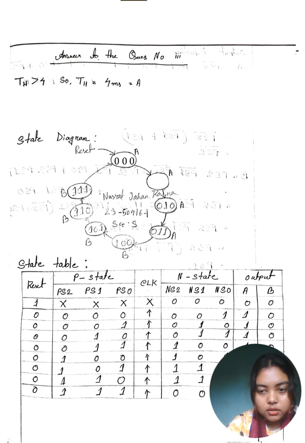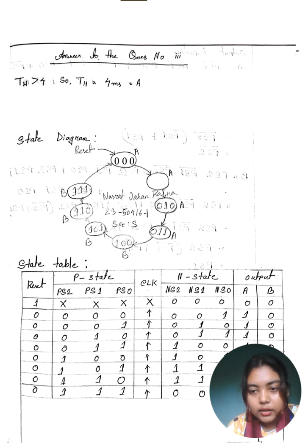The state table lists the present state, PS2, PS1, PS0, and the clock input, the next state, which is NS2, NS1, and NS0, and two output signals A and B. The table details how the circuit transitions from a given present state to a next state upon a clock edge, based on inputs.